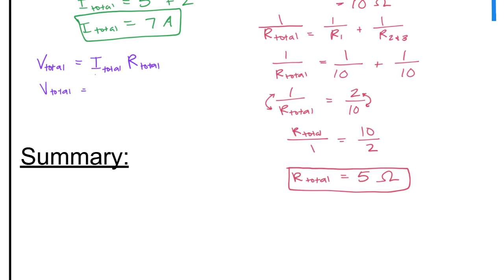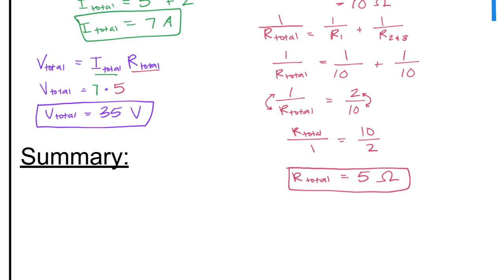We know that our total current is equal to 7. Multiply 7 by our total resistance, which we know is equal to 5. And that will actually give us a total voltage of 35 volts.